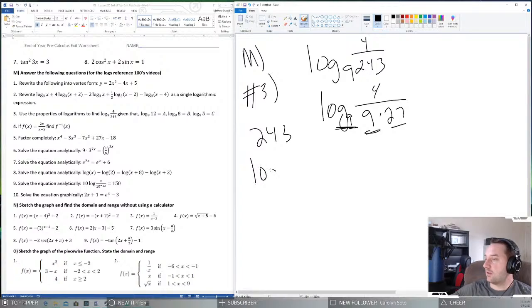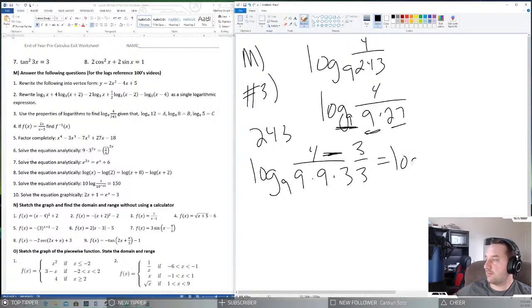So log base 9 of 4 over 9 times 9 times 3. Now for the 4, I don't really have anything that says log base 4, so I can multiply top and bottom by 3, because now it's going to turn this 4 into a 12.